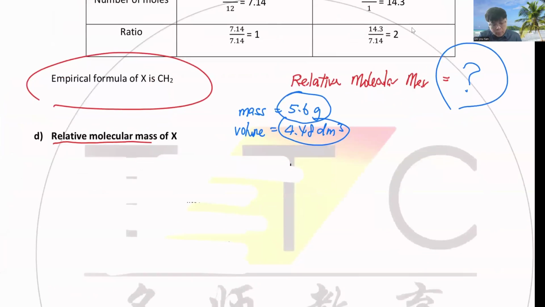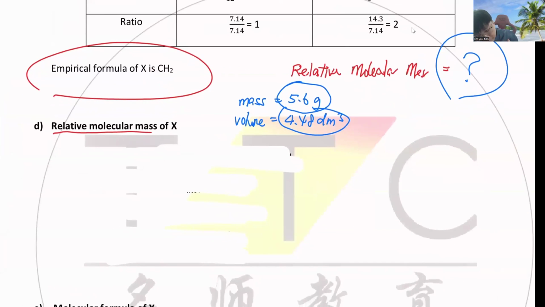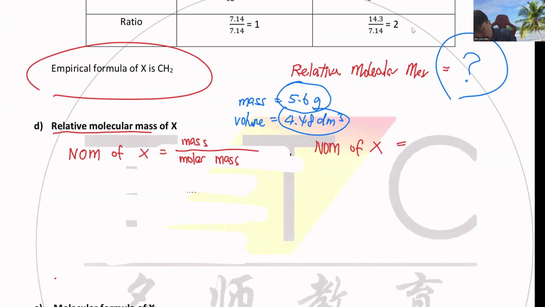First, I write down the formula. Number of mole of X equals to mass over molar mass. Then number of mole of X equals to volume over molar volume.